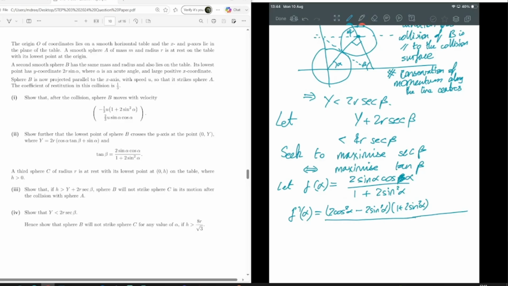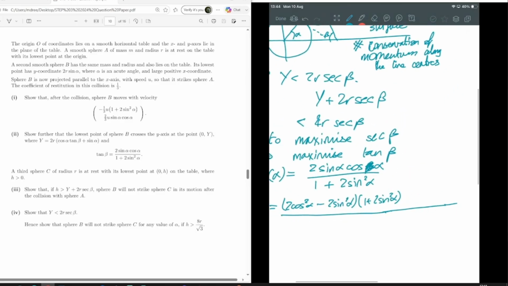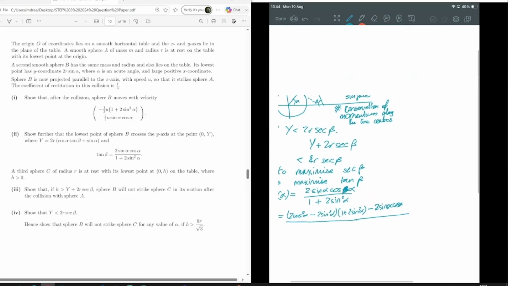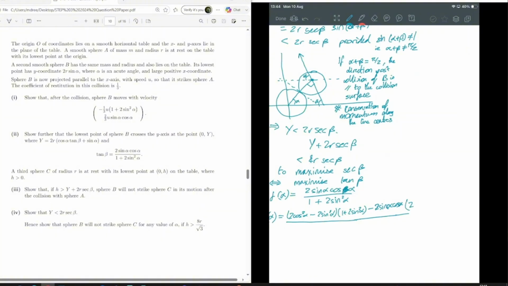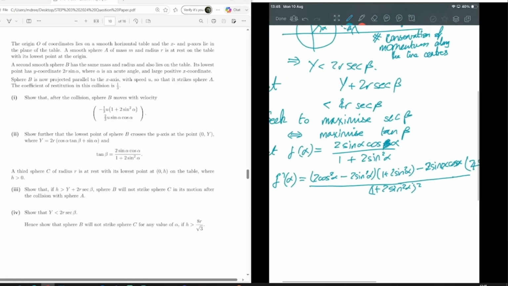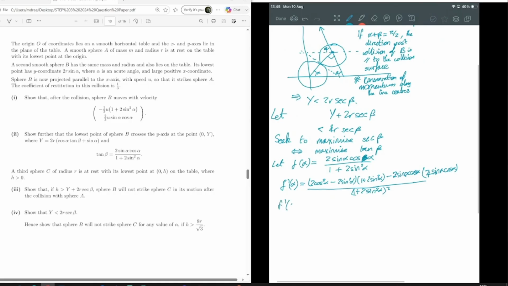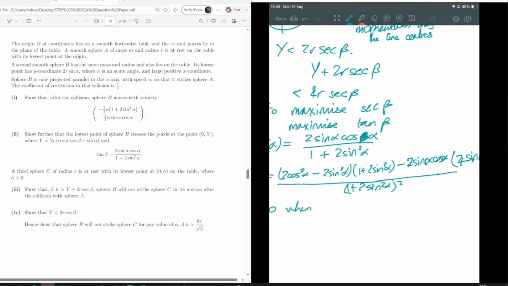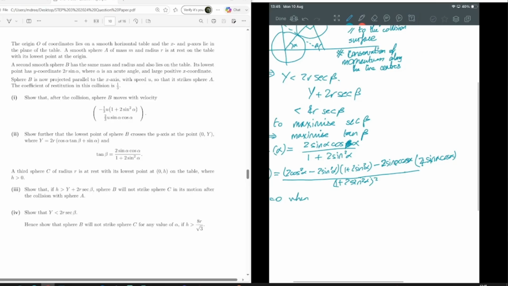So that was the derivative of the numerator, had to have a little bit of a product rule in there, then subtract the numerator times the derivative of the denominator, which is going to be 4 sine cos, over the denominator squared. So then f dashed of alpha equals 0 when the numerator equals 0, which is not pleasant at all.